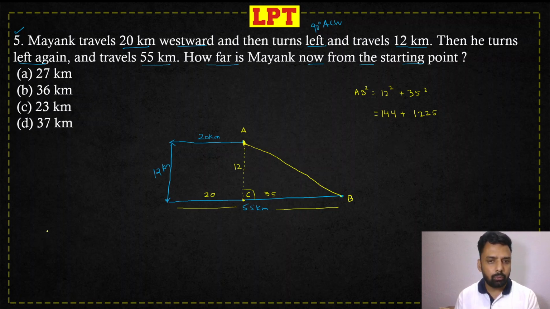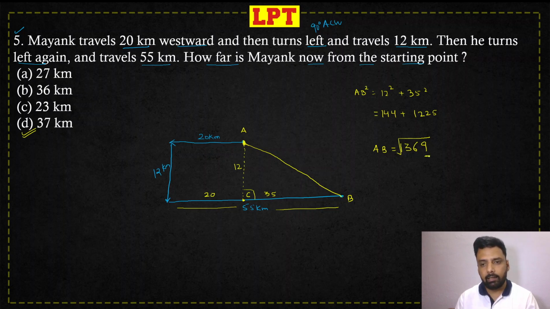And we also have to do the square root of this. This equals AB. The value will be the square root of 1369, which is 37, right?